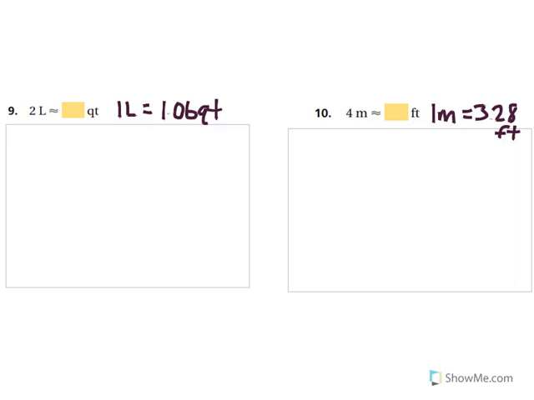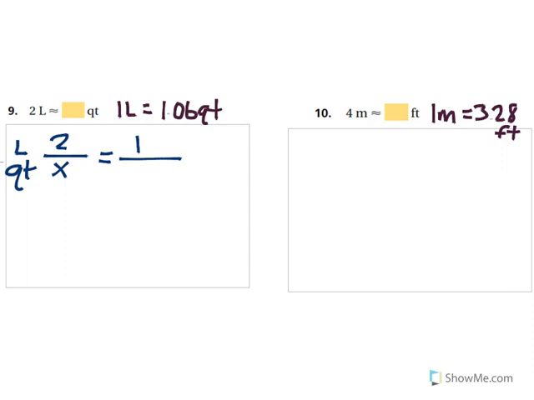All right, so our last two problems, see how you guys did on these. Okay, so we're going to do liters over quarts. Set up my proportion. I have 2 liters equals x quarts.